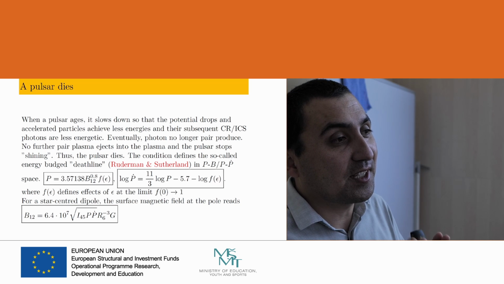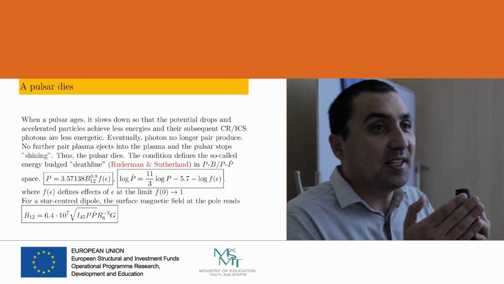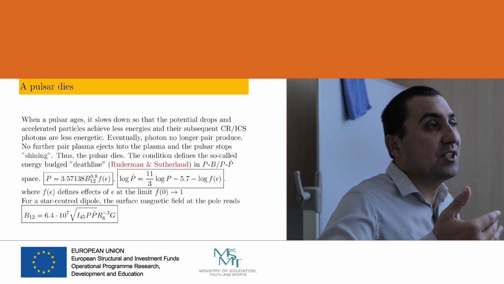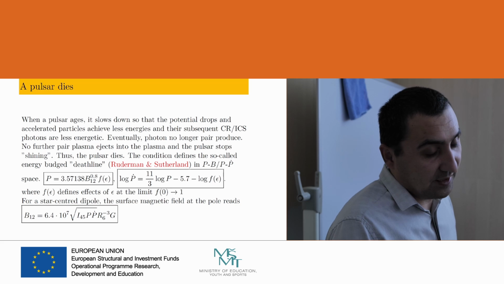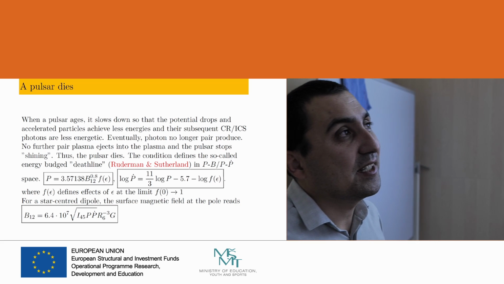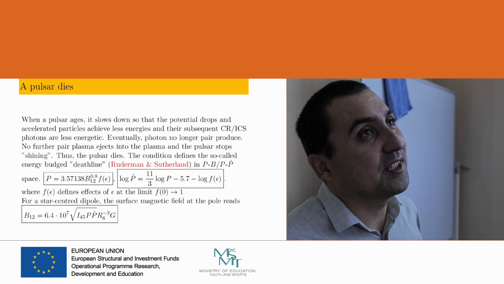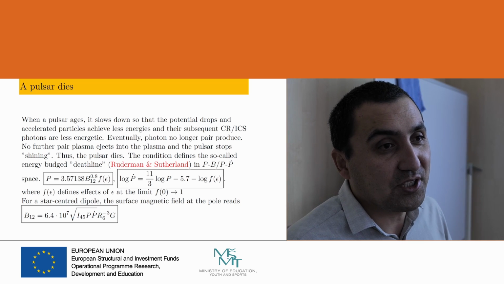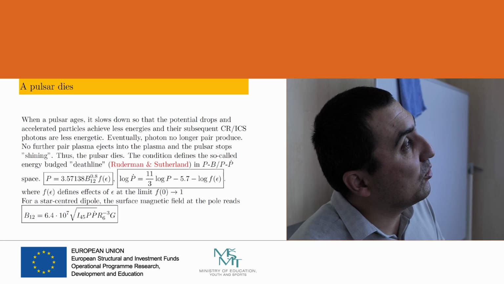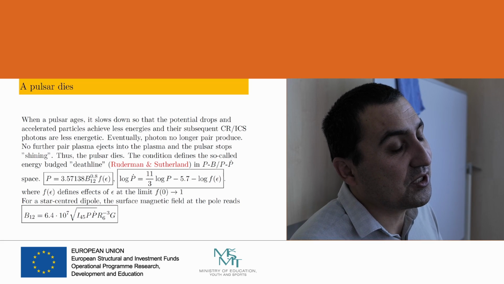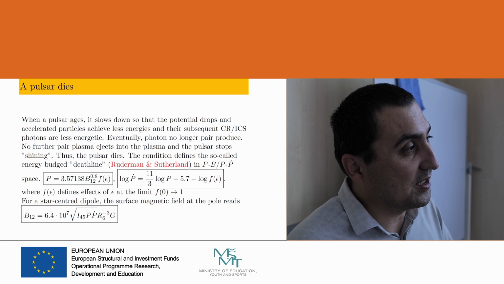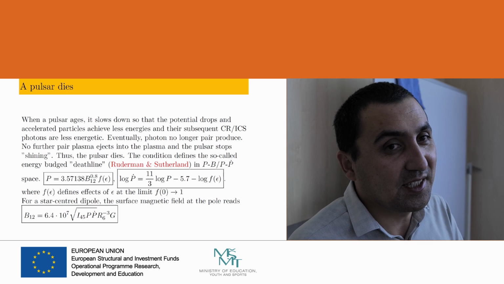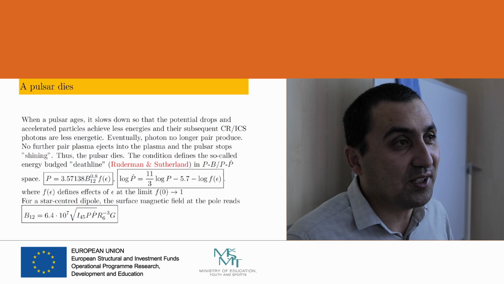When the energy of gamma quanta is less than 2 times the rest energy of electrons, this cascade generation stops, and the plasma magnetospheric radiation of the neutron star stops, and we cannot see the neutron star in observations.